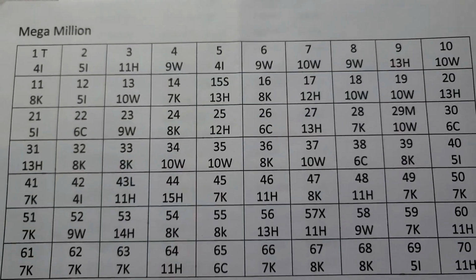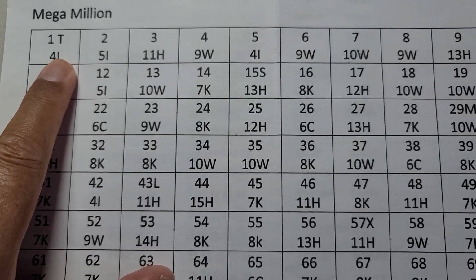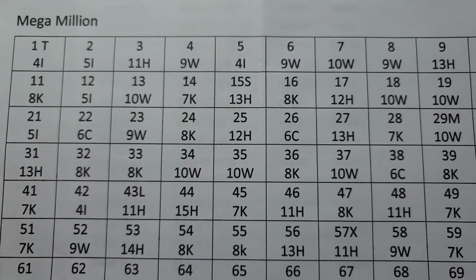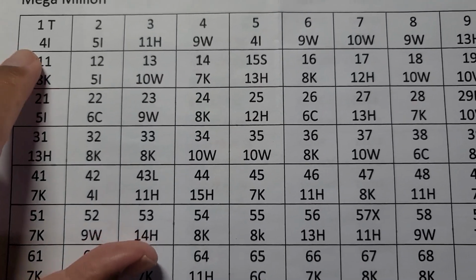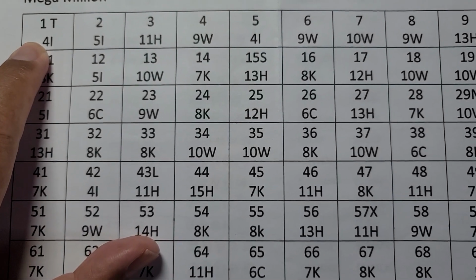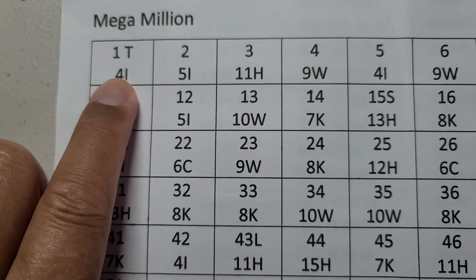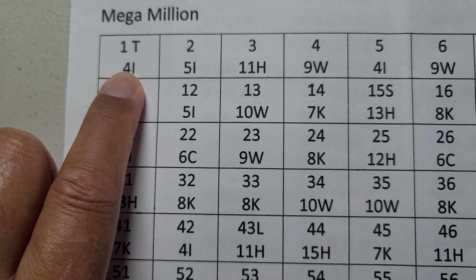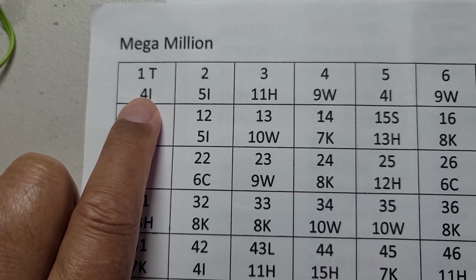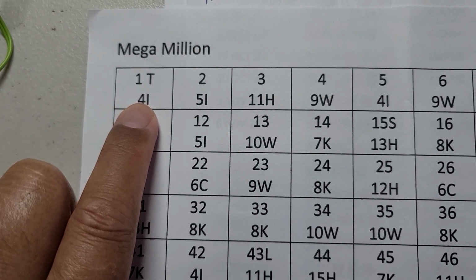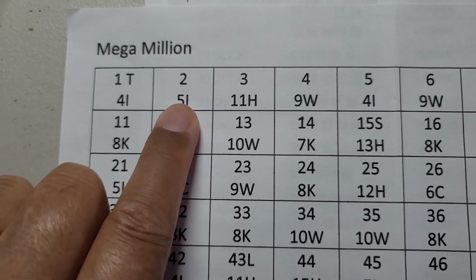Okay, the next thing I did was take a look at the frequency. How often did these numbers appear in the last 100 games? And so I counted and tallied each one of these numbers, and that's how you get the numbers below the numbers. Okay, so for example, number 1 appeared only 4 times in the last 100 games, so it was given a number 4.